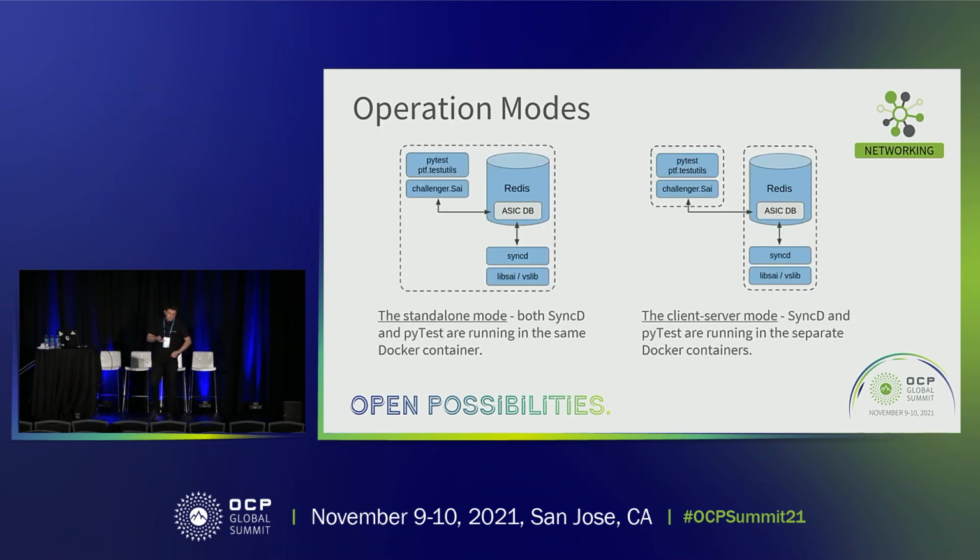From the operational mode perspective, we support 2 modes as of now. As you may guess from the picture, standalone mode is a single Docker image with everything inside. This image can be installed, let's say, in an ONL-based environment, and you will have everything you need inside. But in this case, you will not be able to run packets.